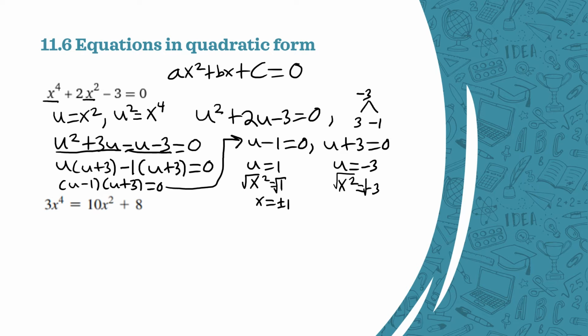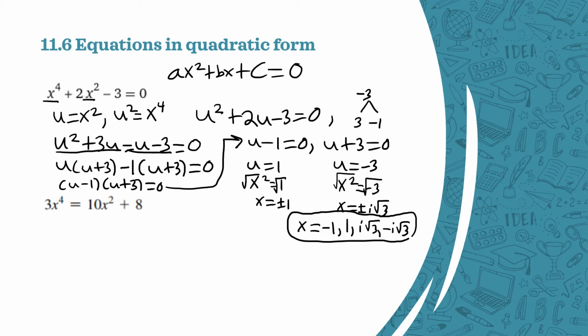I take the square root of both sides here. x equals plus or minus i square root of 3. So the solution here would be x is negative 1 and 1, i square root of 3, and negative i square root of 3. That's the first one.